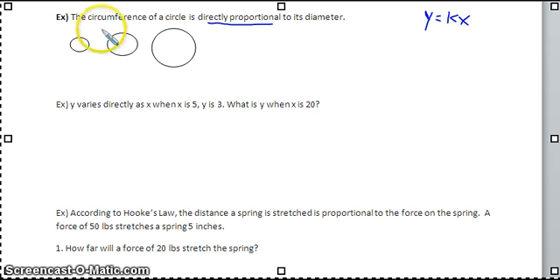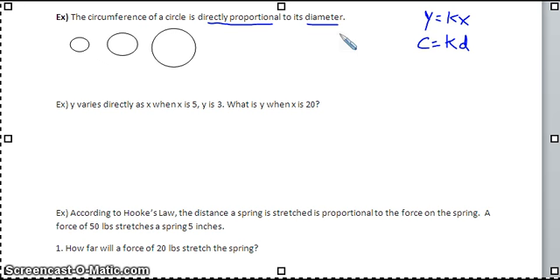So circumference was the first value, that was the y, and directly proportional means take the k and multiply it by some x value, and that x value would be the diameter, because that's the second variable in my problem here.